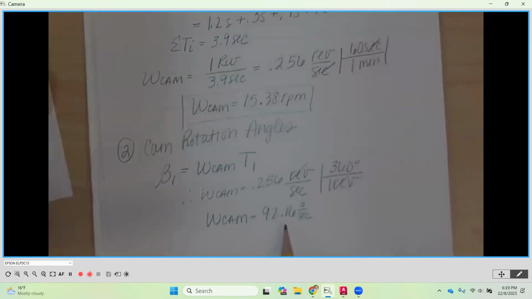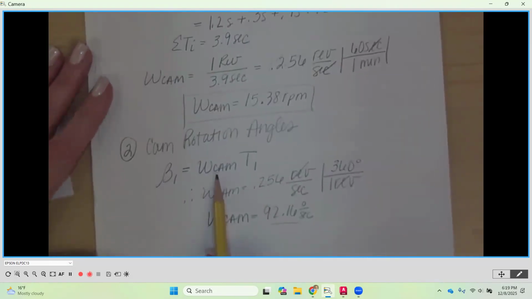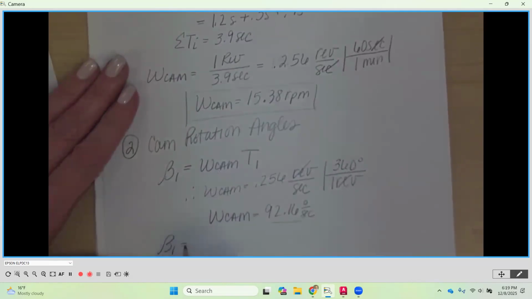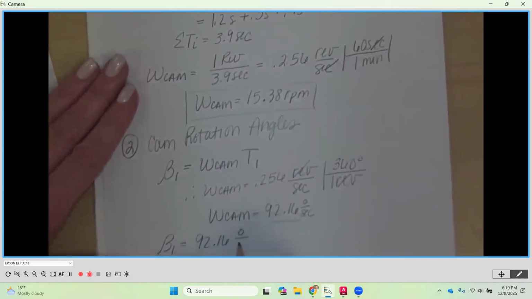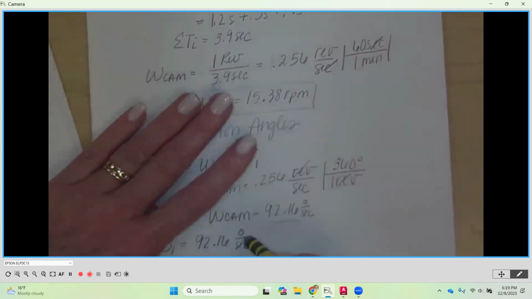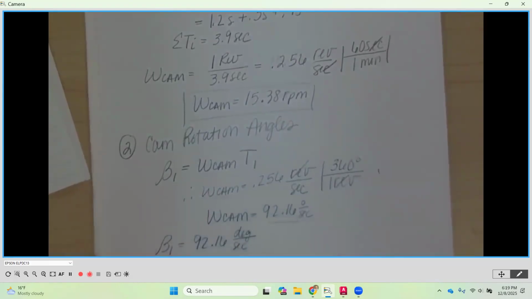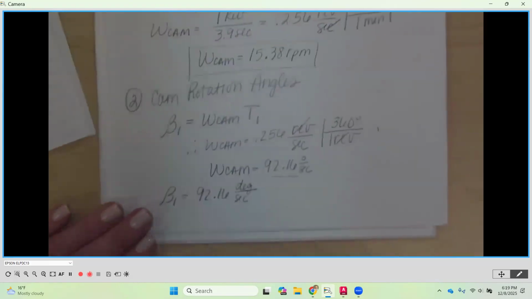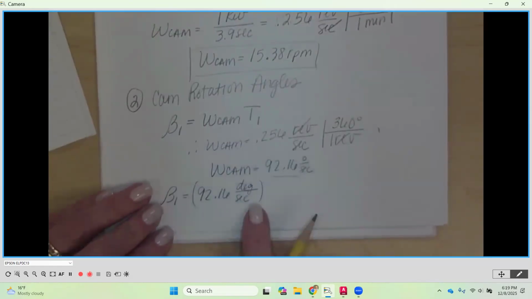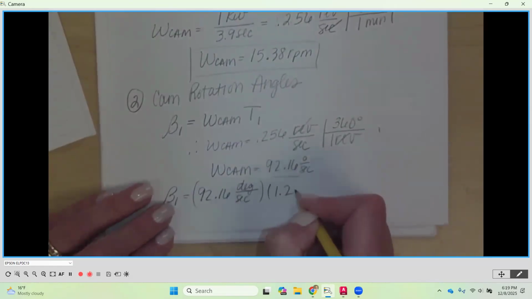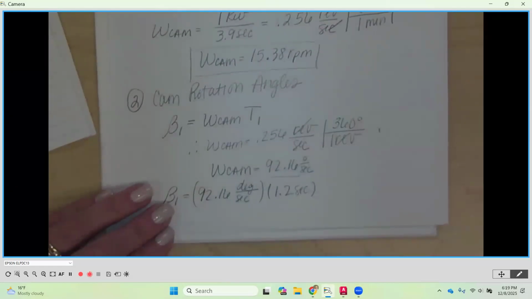Now, that's the number that we're going to use in this equation here. So beta 1 is going to be equal to 92.16 degrees per second. You could put DEG instead of the little degrees per second, maybe that looks better. Okay, degrees per second times the time of 1.2 seconds, right?